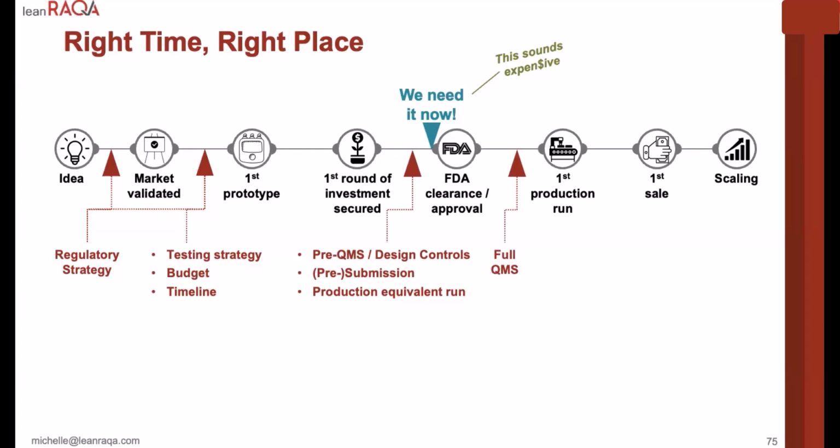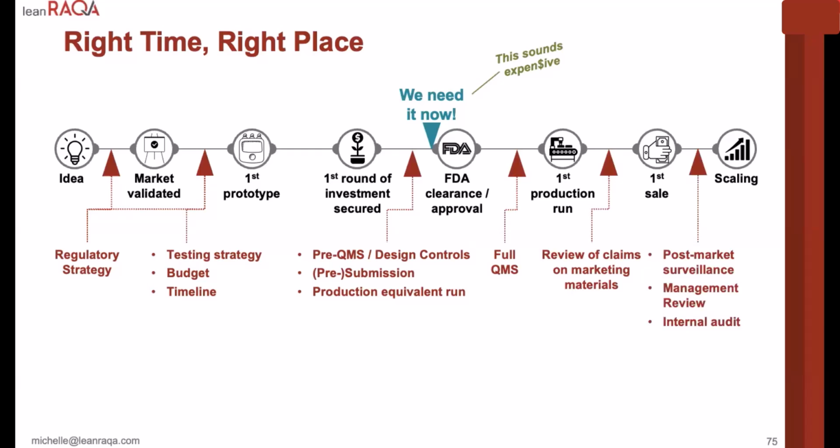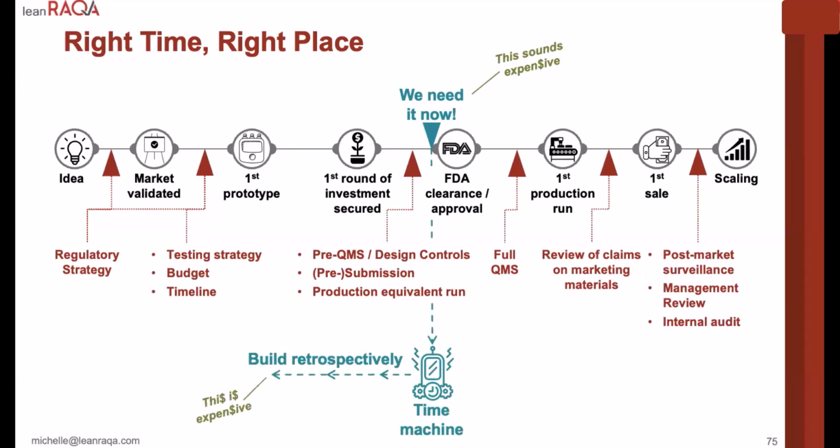After you get your clearance or approval, it is time for your full QMS prior to your first production run. You need to have a review of all your claims and marketing materials. And then you're going to need some ongoing maintenance activities for your quality management system. So the problem is when you don't get regulatory involved when you need it to, you have to build all of this retrospectively.